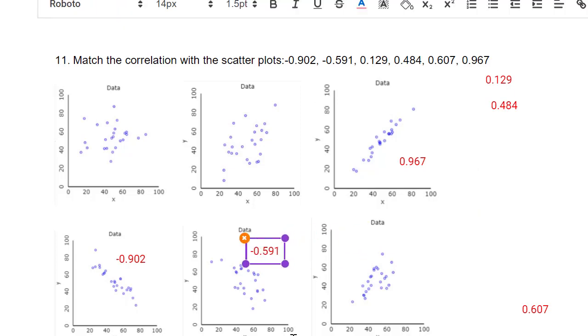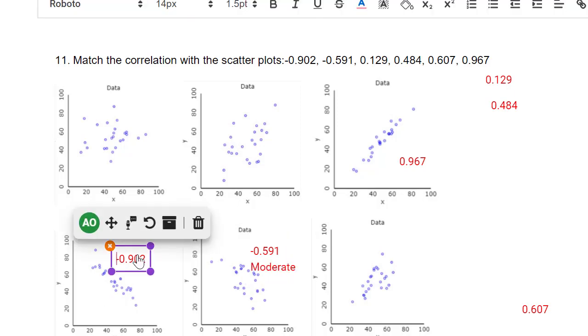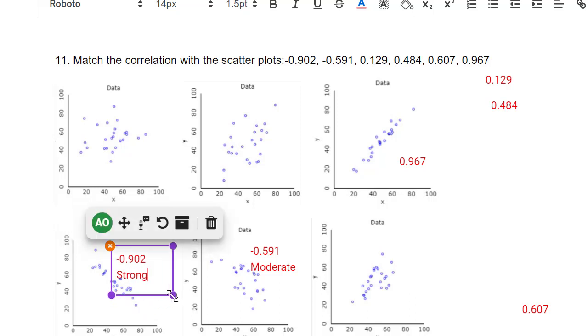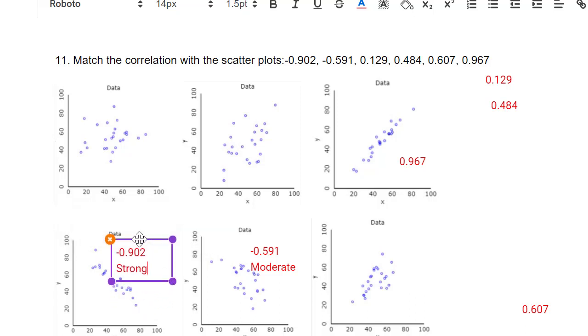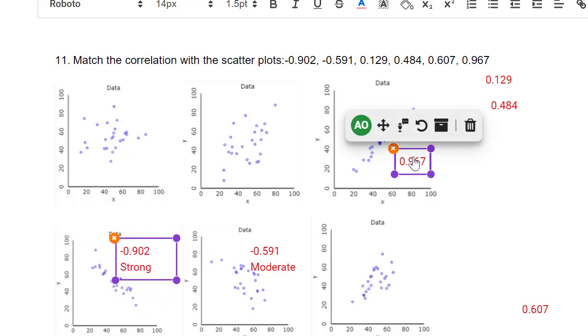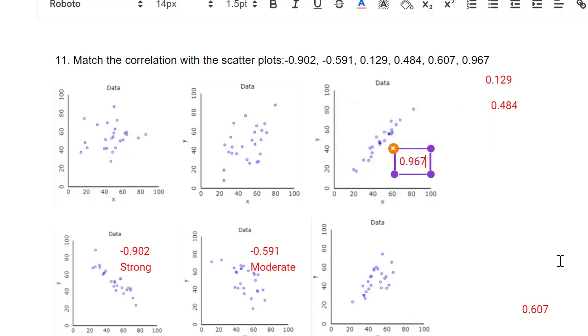This is kind of a moderate negative strength. Okay, so you might want to add that. This is moderate. Okay, and I'm going to add strong to this. All right, pretend I can type strong. And so you can see the signs, all right? And this one is strong. Pretend I can type strong again.